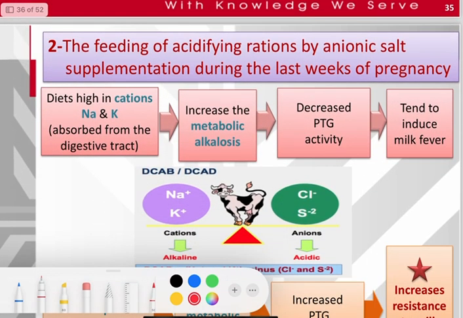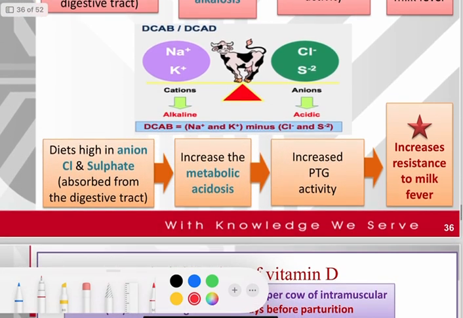We can provide an acidifying ration by providing anionic salt supplementation. It will cause metabolic acidosis, and in this metabolic acidosis it will cause increased parathyroid gland activity. Thus, it will make the animal resistant towards milk fever.